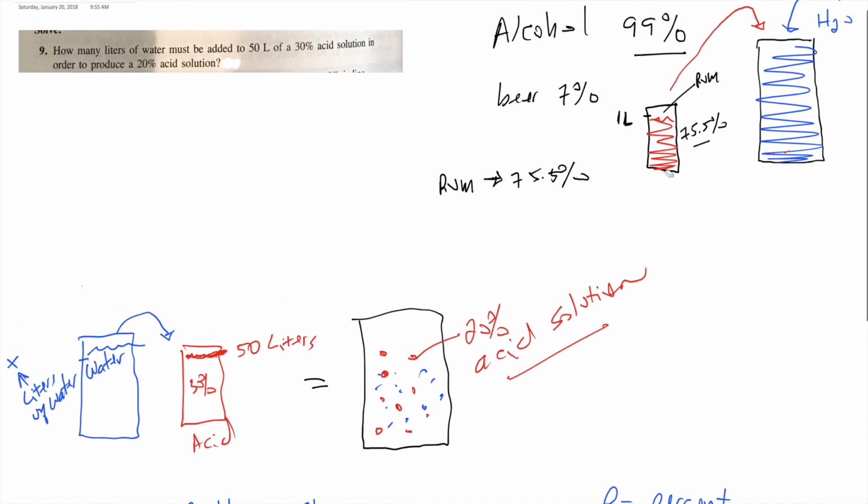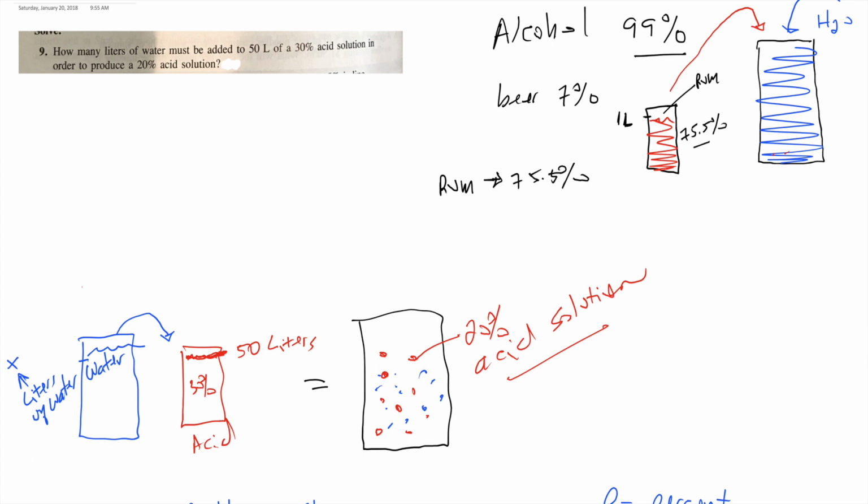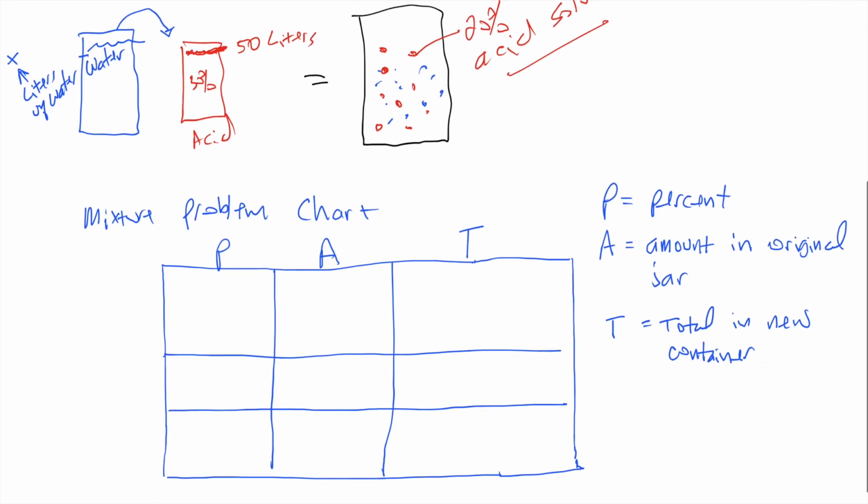A would be how much you have in the original rum container, and how much is in the water before they're mixed. So it's the pre-mixed amount, the amount in original jar, and T is the total in the new jar.